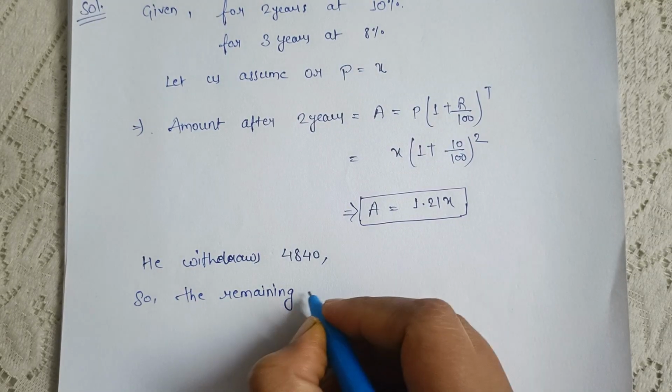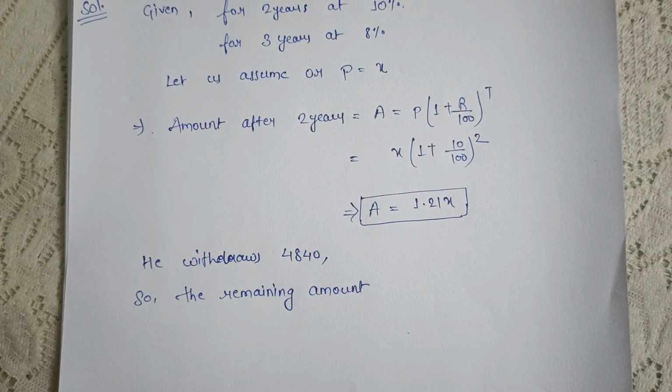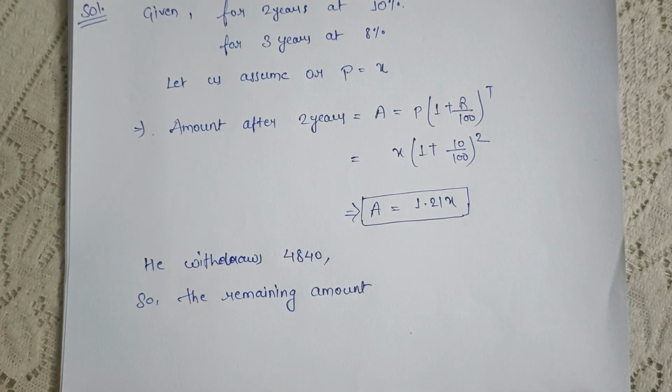how to find the remaining amount? It's very simple. Firstly, we find the amount after 2 years, where we assume the principal amount is X, and he withdraws 4840 after 2 years.